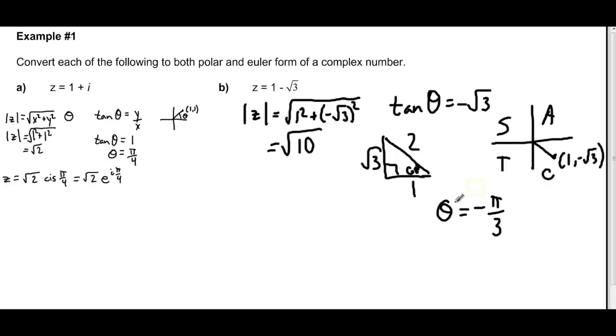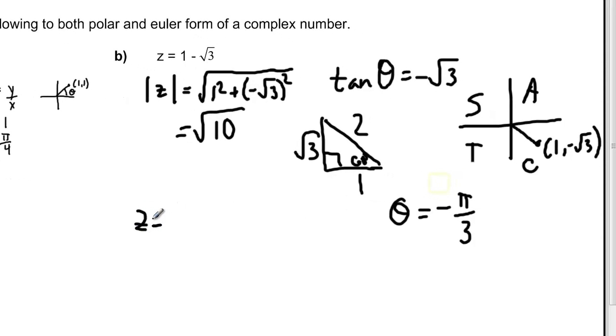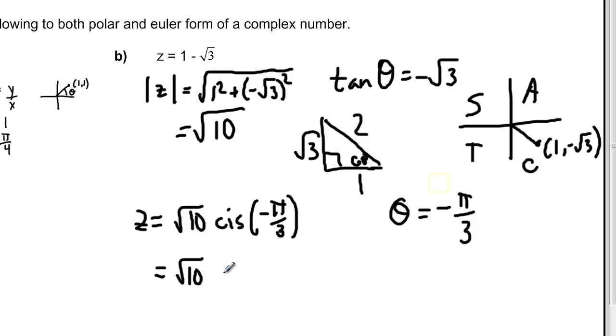Again, remember, theta is going to be between negative pi and pi. So how can we write z? z could be written as root 10 cis of negative pi over 3, or it could be written as root 10 e to the negative i pi over 3.